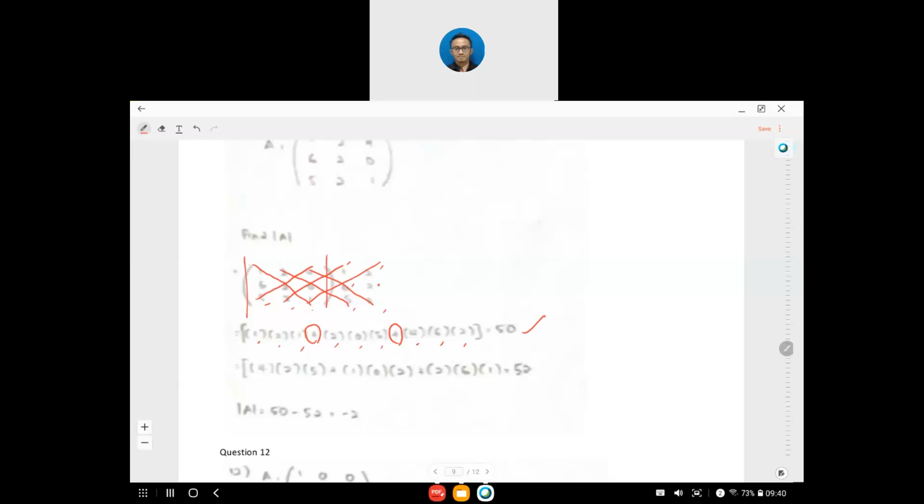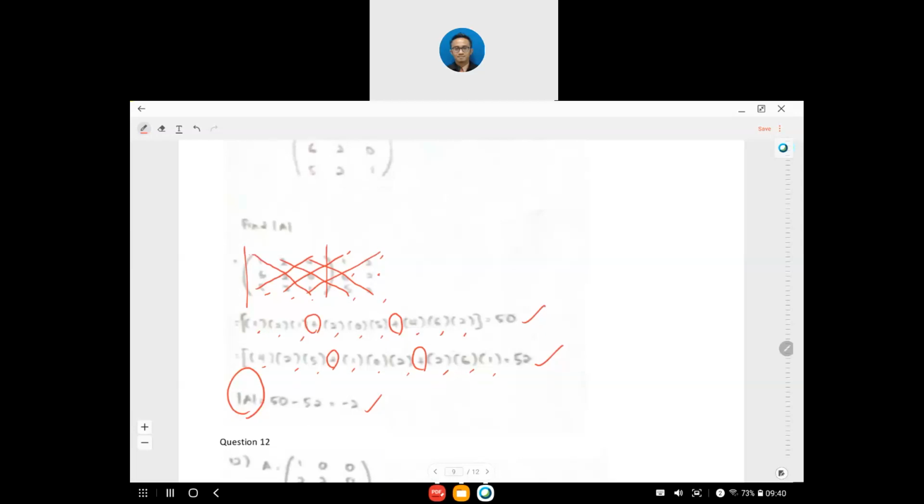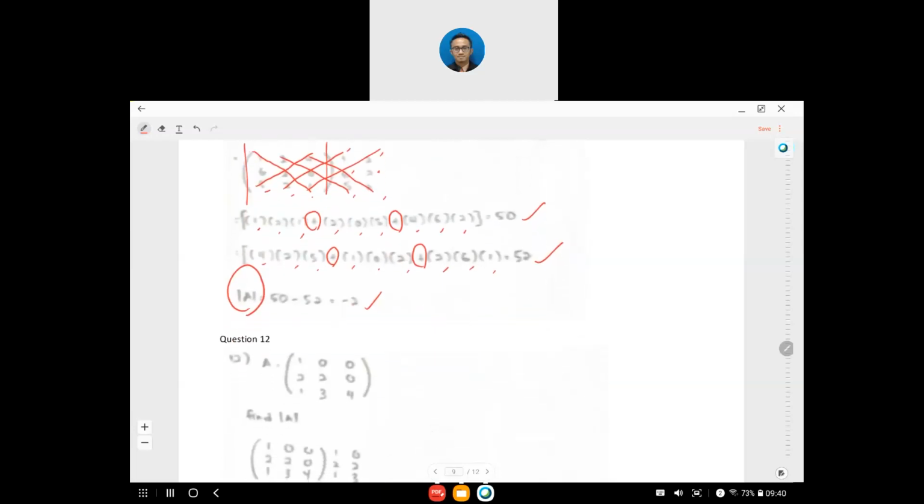So you can get 4 times 2 times 5 plus 1 times 0 times 2 plus 2 times 6 times 1. So this one becomes 52. And then the determinant of matrix A, 50 minus 52. So you can get negative 2. Okay. That one for question 11.